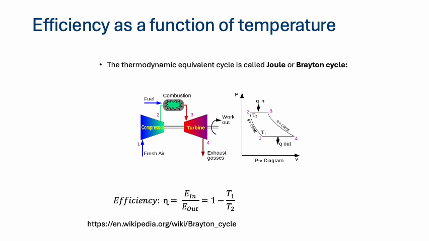If you consider the efficiency of this thermodynamic cycle, the efficiency will get close to 1 if the fraction T1 by T2 becomes a very small value. Then whatever energy you input, you will get 100% conversion of this thermal energy into mechanical work.